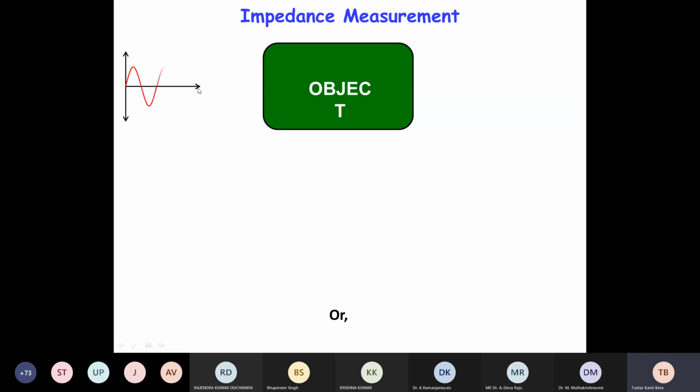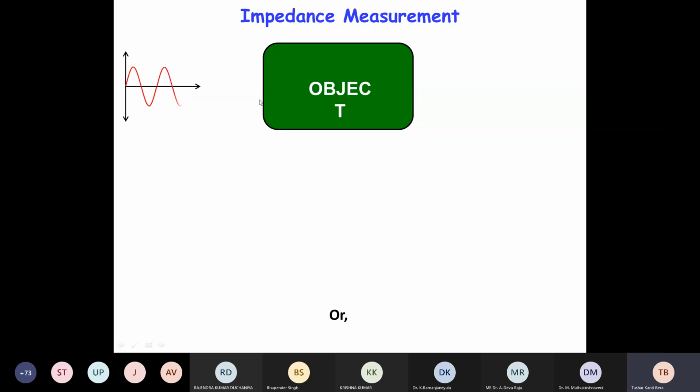Both are possible. When the current is applied and voltage is measured, that technique is called the applied current impedance measurement technique. And if voltage is applied and current is measured, that is called the applied potential impedance measurement technique. So either applied current or applied potential, both can be done.